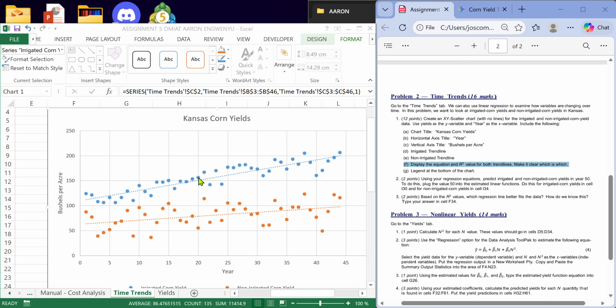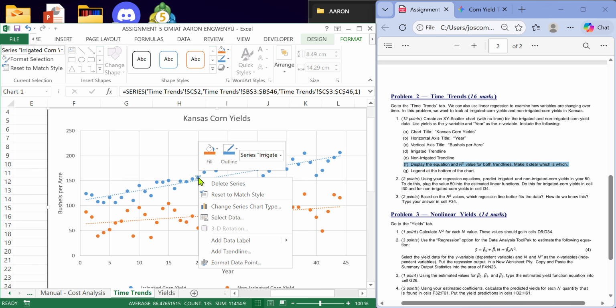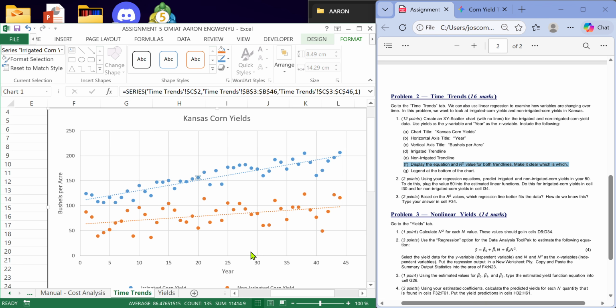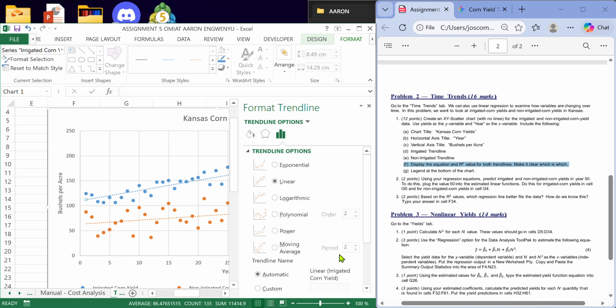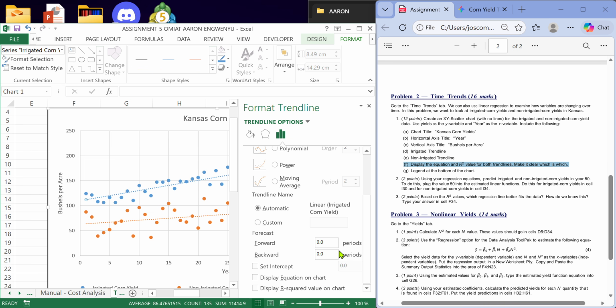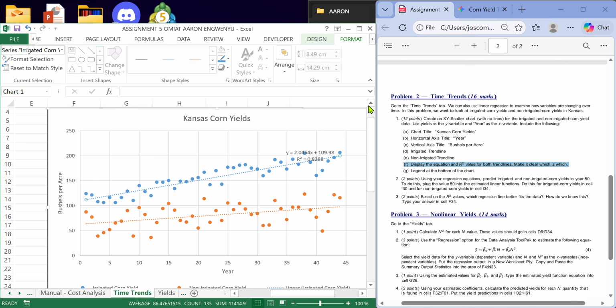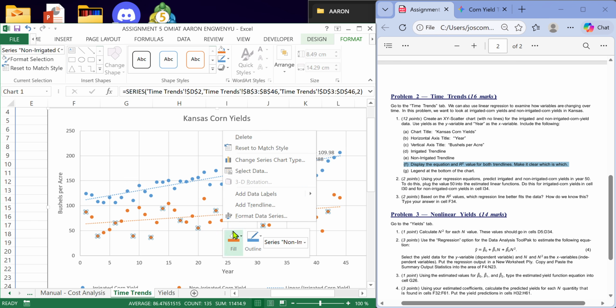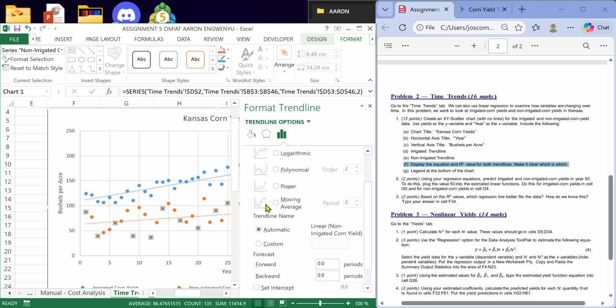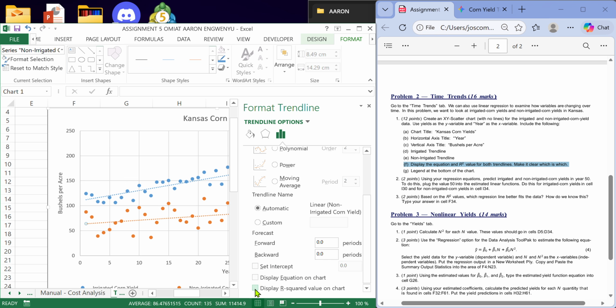Let's right click, add trend line. Then this will appear. Then what do we select? Display R-squared value, display equation on the chart. So it's done. Then do the same for this one. Right click, add trend line, display equation and R-squared value.